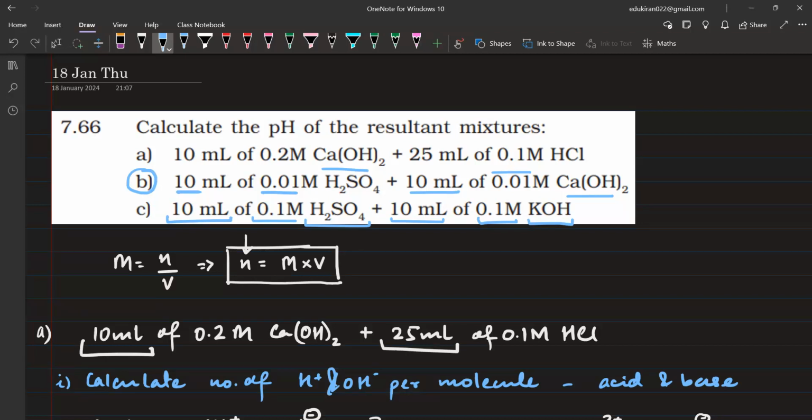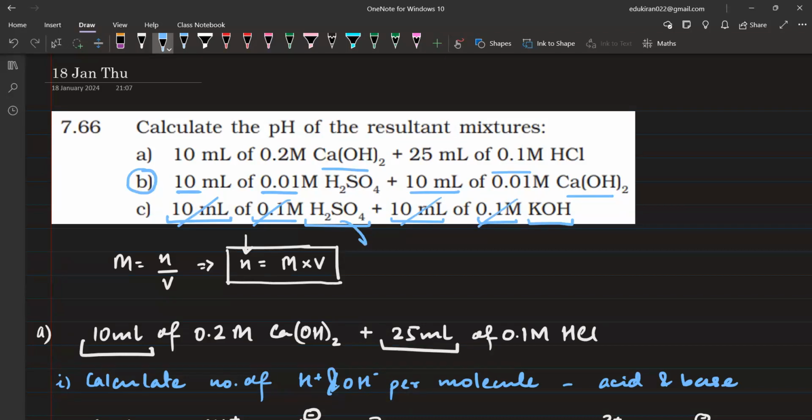एसिडिक और बेसिक, देखिए इतना तो आपको समझ में आ रहा है. The volume of acid we are adding and the volume of base we are adding is not going to matter because both of them are same. The concentration of acid and the concentration of base is not going to matter because both of them are same. Now the only thing that will matter is the number of H positive and OH negative given per molecule of acid and base.